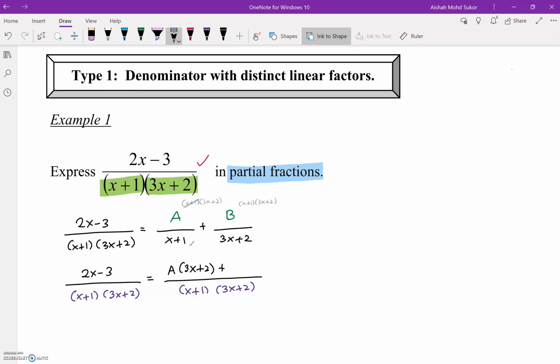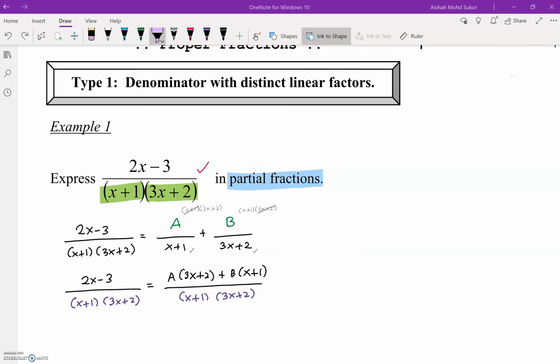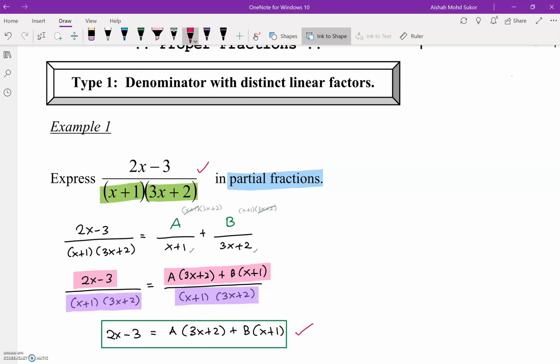As for B, you already have (3x + 2) over here, so B will be multiplied by (x + 1). Since the denominators on both sides are equal, it follows that the two numerators must be equivalent to each other. We can use this to find the values for A and B.